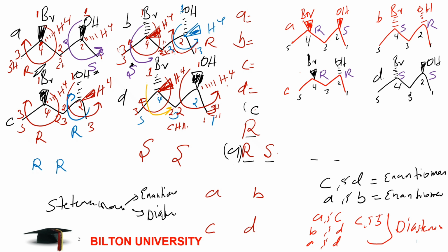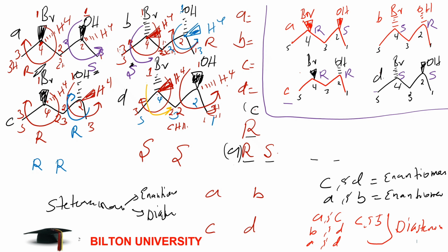Now I have redrawn our molecules that we have. Now why do we say C and D are enantiomers? If you look at C and D, they are enantiomers because carbon number 4 is changing.